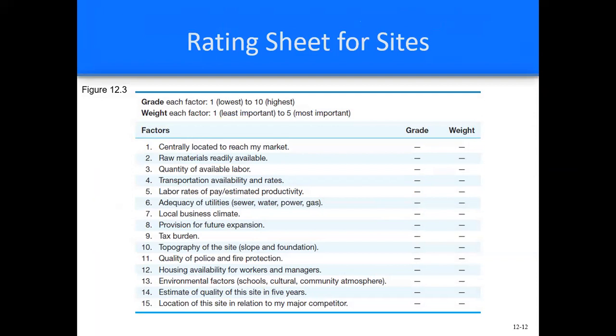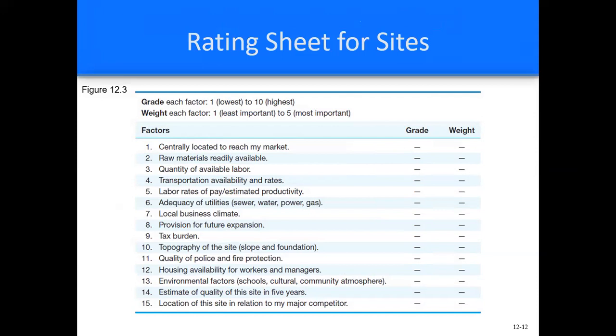For rating, there's a rating sheet for different sites. You can rate from 1 as low to 10 as high, and then put different weights on how important you think each factor is.